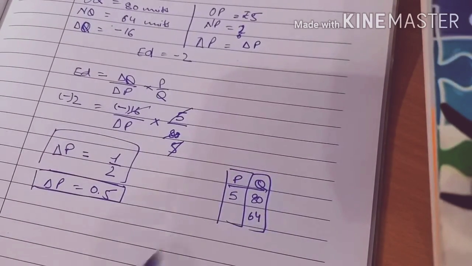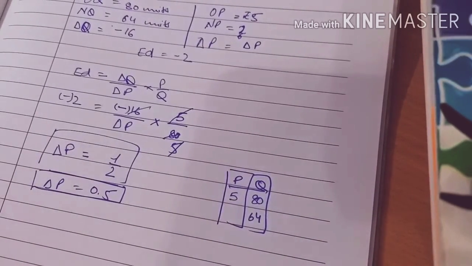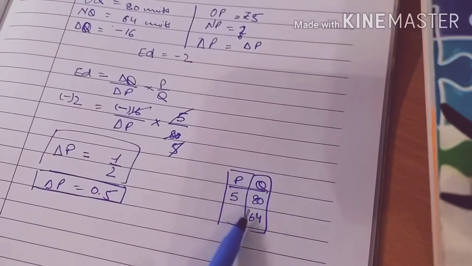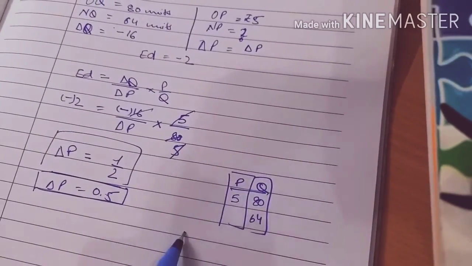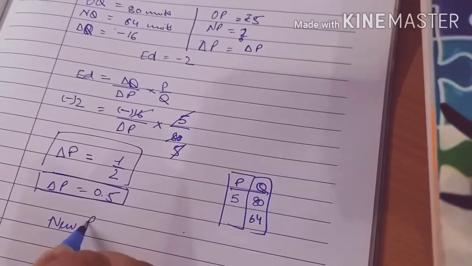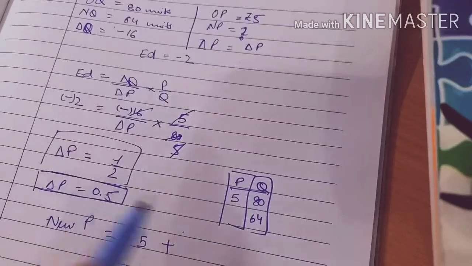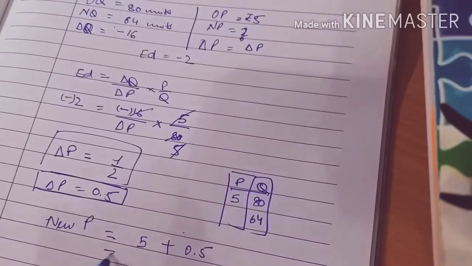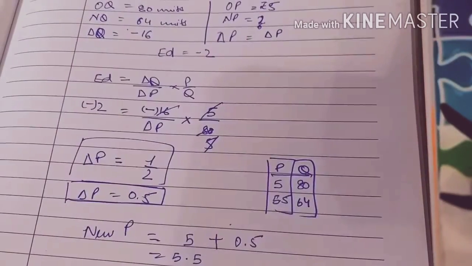If your answer is that the price will increase, then you are right, because there is an inverse relationship between P and Q. So as the quantity decreases, the price will increase. So 5 plus 0.5. New P is original P plus delta P, which is 5.5. So new P will be 5.5 and you get your answer.